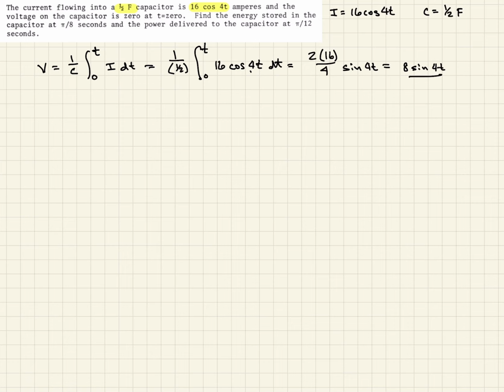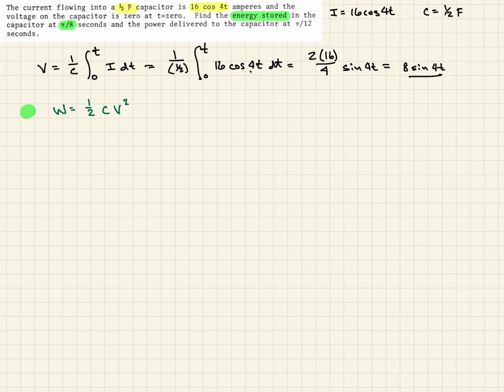So for the first one, we're going to look at pi over 8 seconds, and they want to know the energy stored. So we'll come here and say in green, that's what we're doing. So we need to recall that energy stored in a capacitor is defined as 1/2 times the capacitance times the voltage squared.